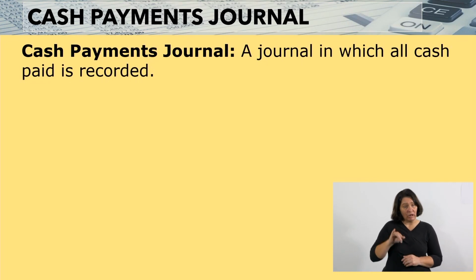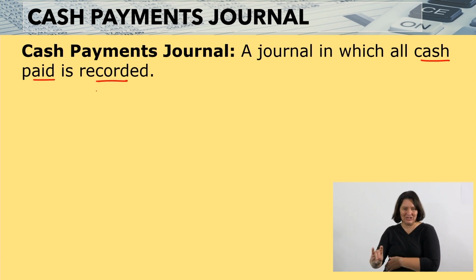This is a journal in which all cash paid is recorded. The moment we pay cash, but these are not small amounts, because small amounts go to the petty cash journal. But when we purchase goods, these are not small amounts, as I've said. All such amounts will be recorded in the cash payments journal.